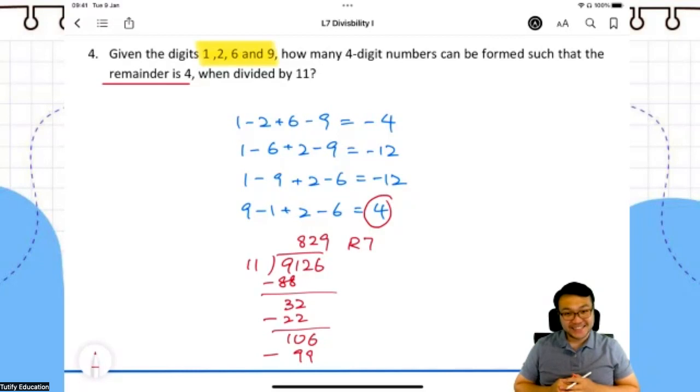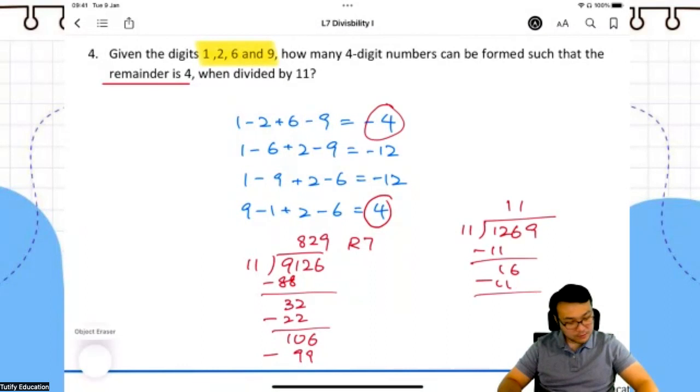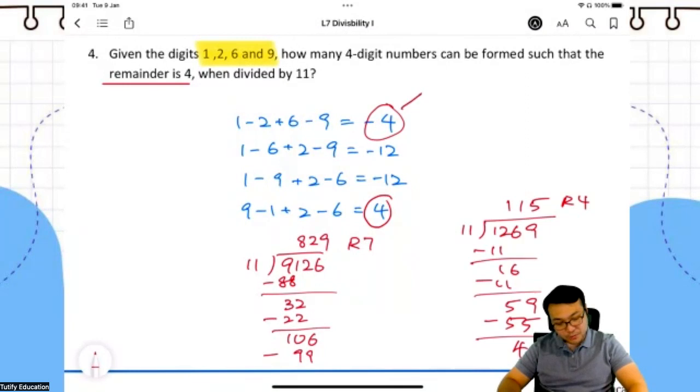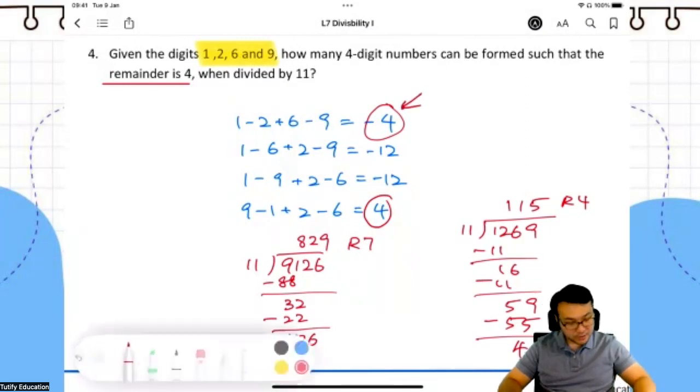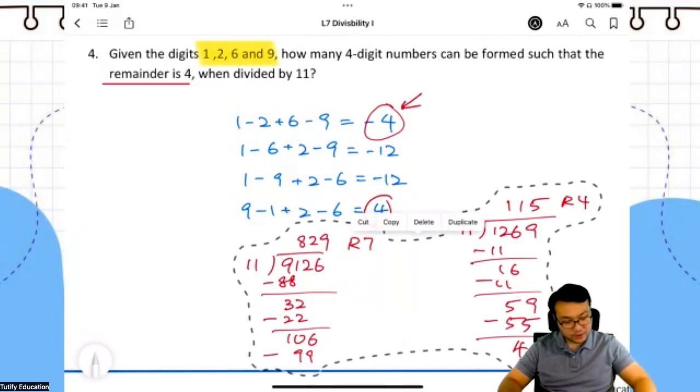So it's -4. Okay, let's try the -4 now. 1269 divided by 11. Oh, very good. The remainder is 4 indeed. So students, we should be using the one with the alternating sum, which equals -4.